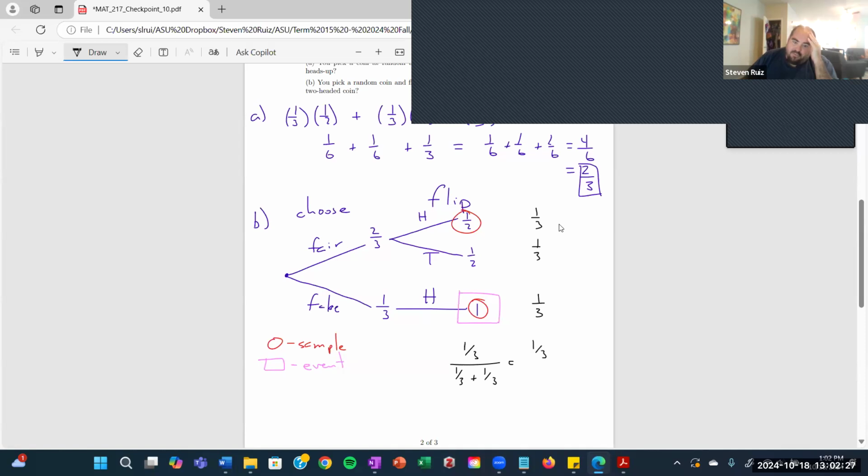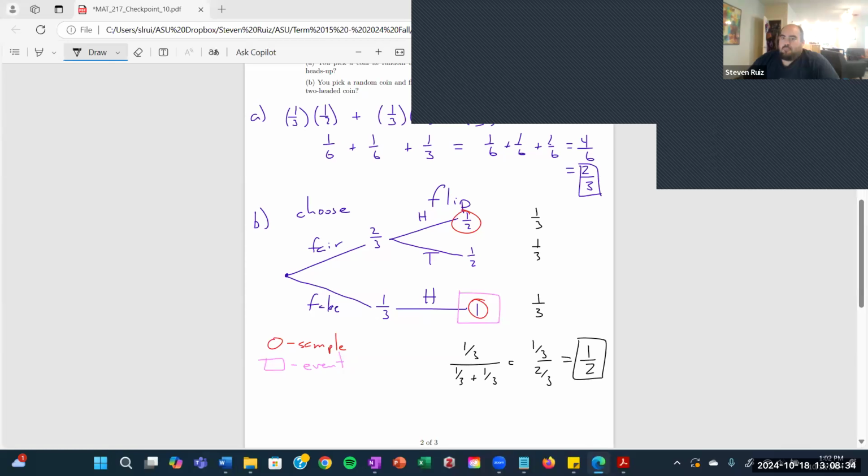So I get 1/3 over 2/3. So this conditional probability is 1/2. It's probably not very intuitive, but if you flip heads, there's a 50% chance that you picked up the fake coin. All right, that is all for question 2.